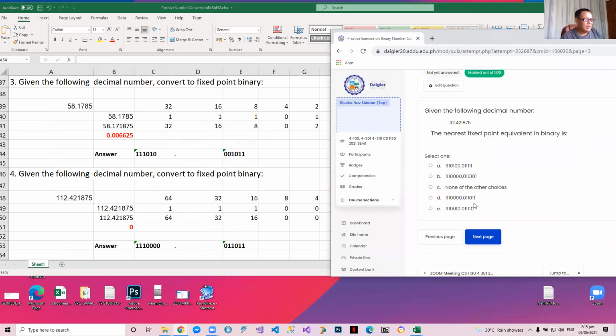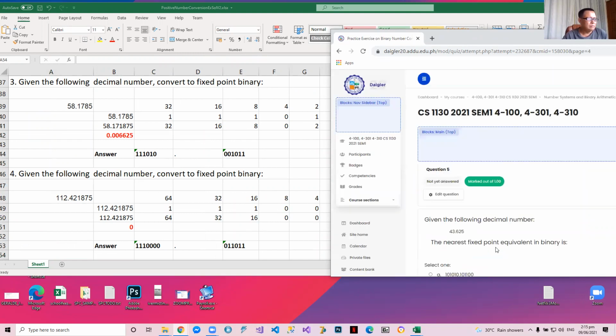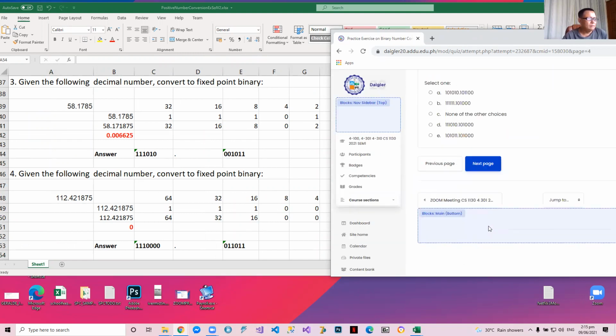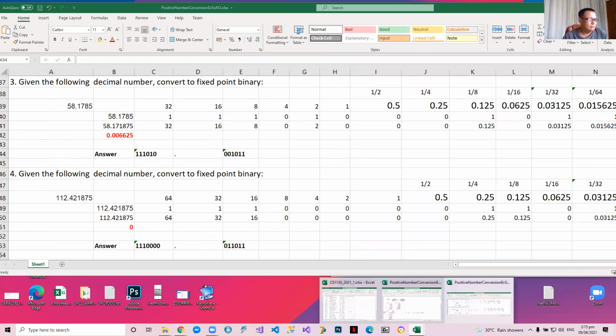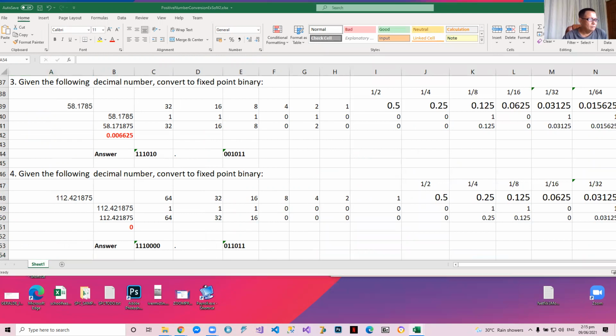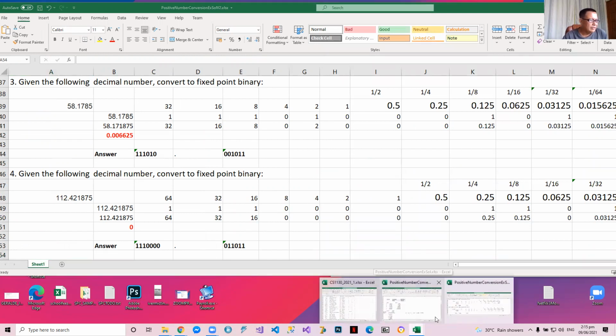Is this the correct one? And 0, 1, 1, 0, 1, 1. So this is the correct answer. Okay. Any questions so far? No? Okay. Any questions so far? No?